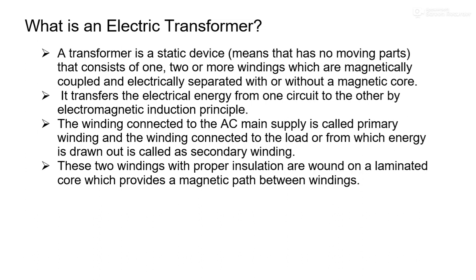And magnetically coupled because the lines of force, that is flux, is linked with both the circuits. That's why it is called magnetically coupled and electrically separated, with or without a magnetic core. A transformer is a static device which consists of one or two or more than two windings which are magnetically coupled and electrically isolated, with or without a magnetic core.